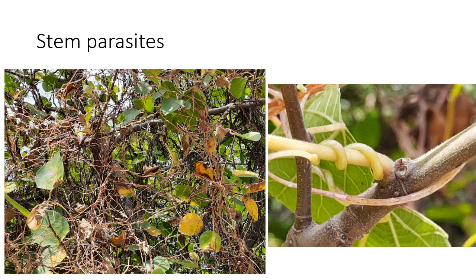So another, stem parasite, there are a variety of Cuscuta species. You can see here in this right side picture that there is a haustoria formation that penetrates into the stem of the host and gets nutrition from that plant. And on the left side, you will see the area is mostly covered by Cuscuta reflexa on Ficus carica.